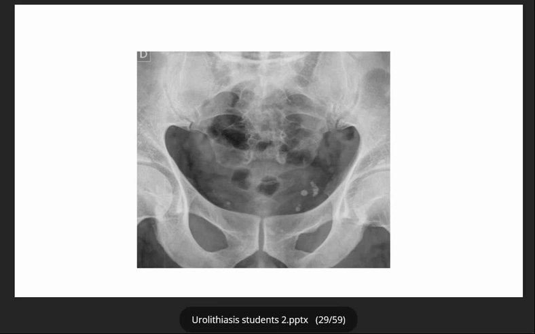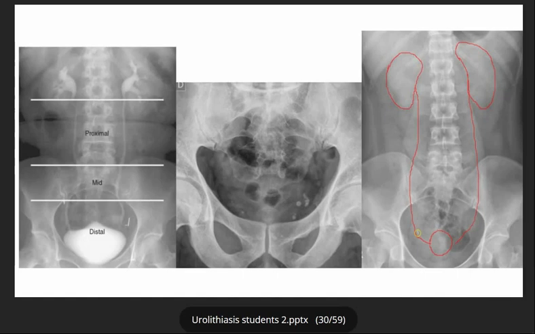To know if it's a stone or not in the urinary tract, you have to know the anatomy. This is the anatomy of the kidney. You can see the kidney shadow here, and also you can see the ureter. There are proximal, mid, and distal ureter. And usually the ureterovesical junction is opposite the ischial tuberosity.